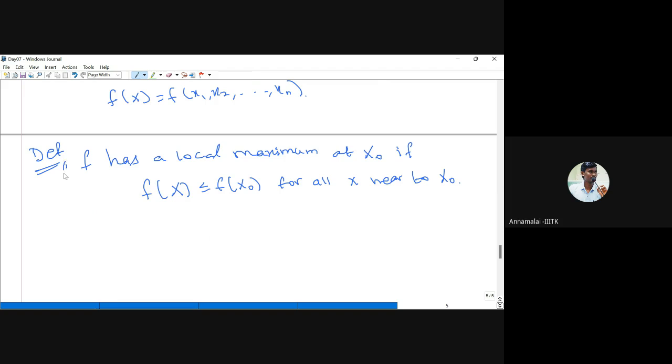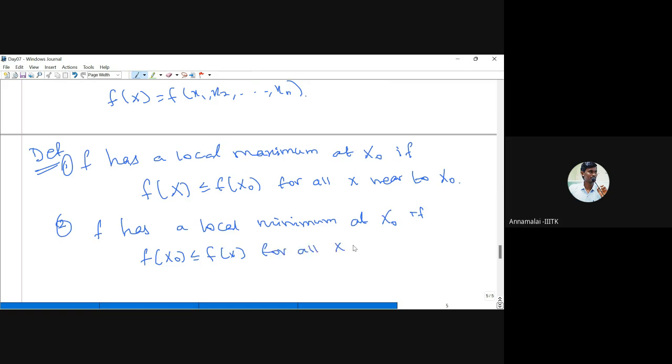Similarly, we define local minimum. f has a local minimum at a point x naught if f of x naught is smaller than all other values f of x for all x near to this x naught. Then we say f has a local minimum at the point.